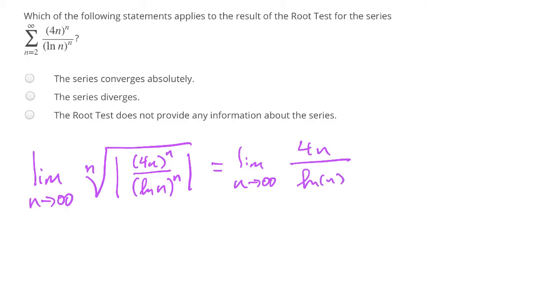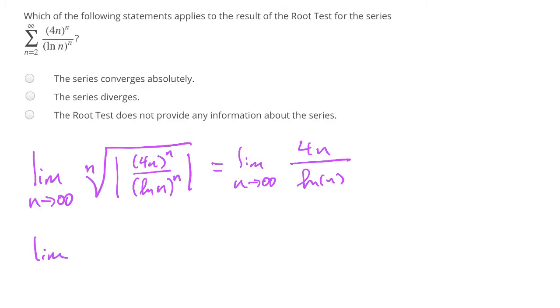And so for this, if we imagine this being a continuous case or a differentiable case, then we have an infinity on top, we have an infinity on the bottom, and so we would turn it over to L'Hopital's rule.